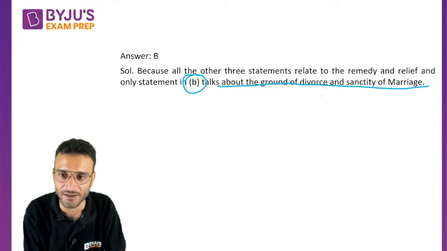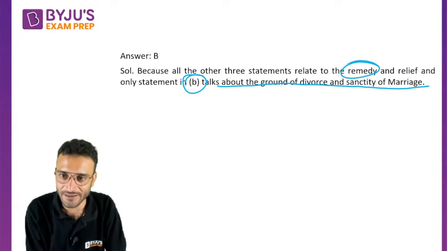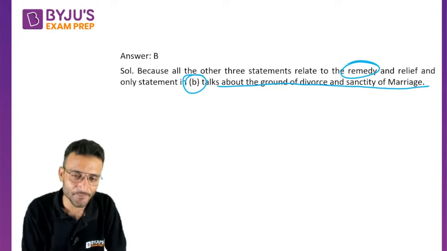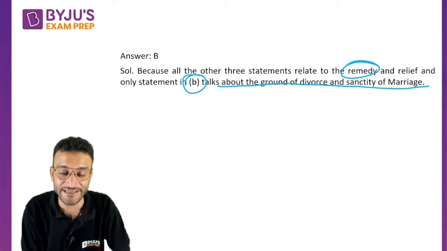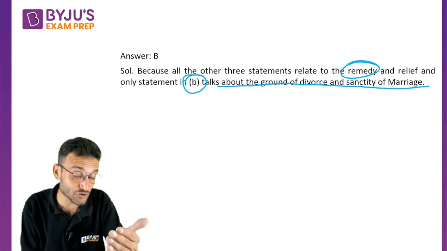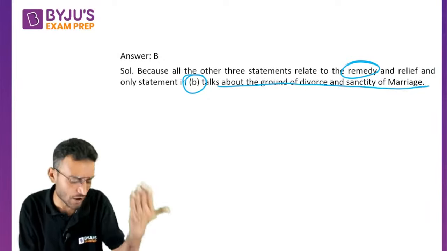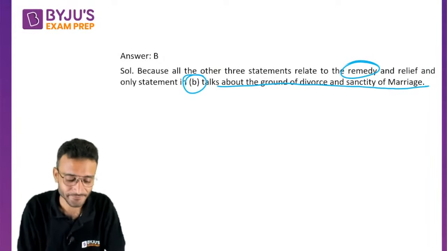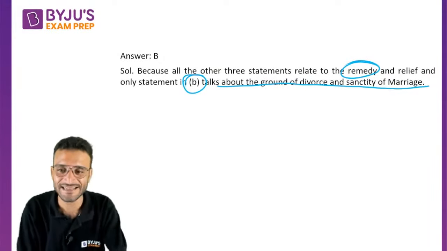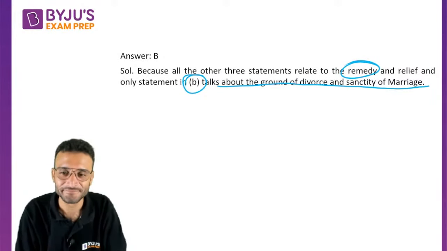It does not deal with remedy. Other three are dealing with remedy. A, C and D deal with remedies, whereas B is talking about sanctity of marriage, ground of divorce, something else. Is that clear, everyone?